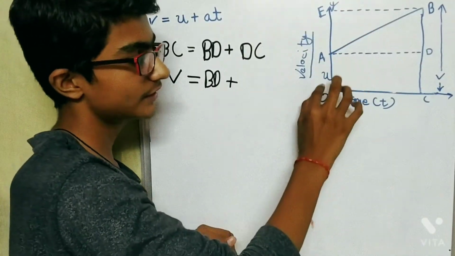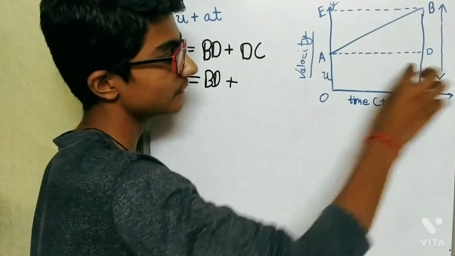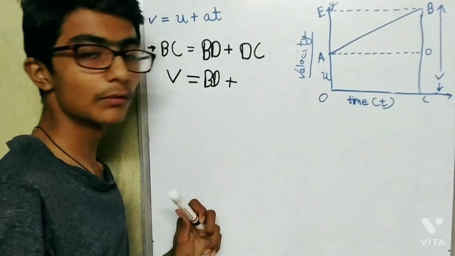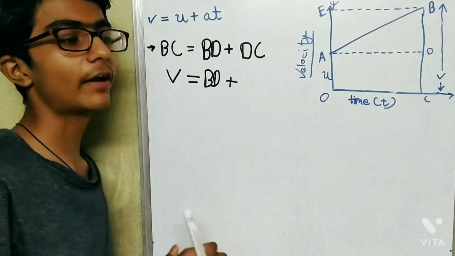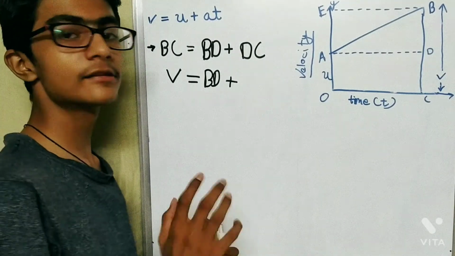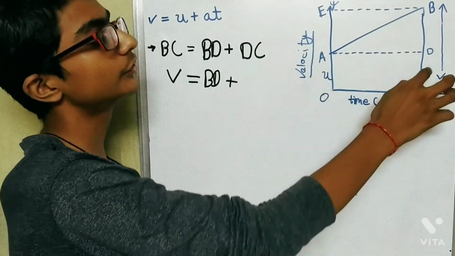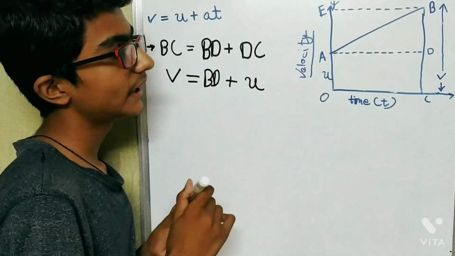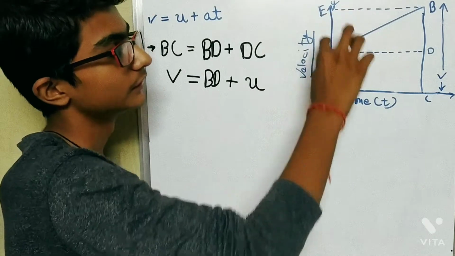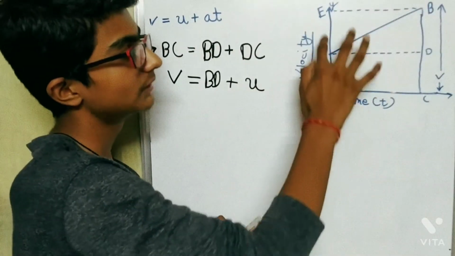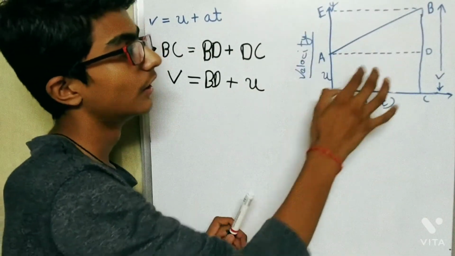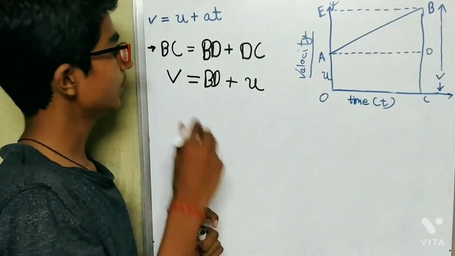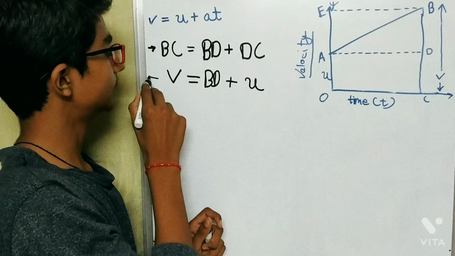Here see, AO is given as u, so DC will be u, because opposite sides of a rectangle are equal. So this is u, so this will be u also. This is also a rectangle, but there is nothing given for BD, so this will remain BD as it is.